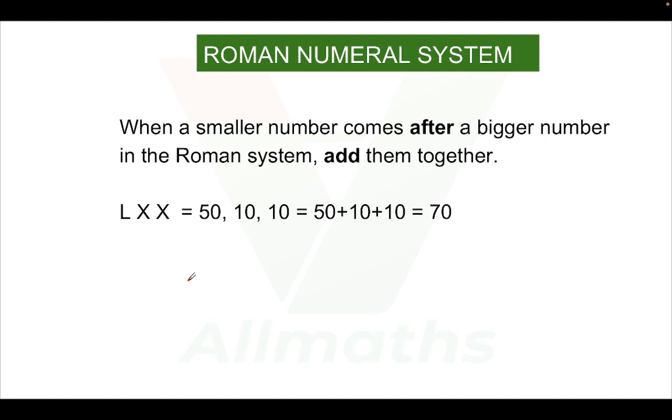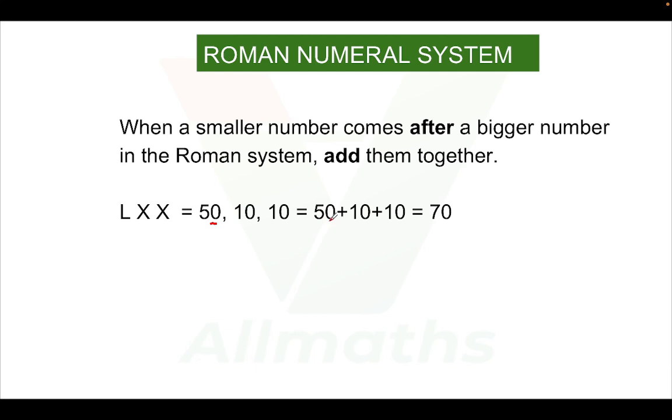Now this rule says when you have a smaller number after a bigger one, you add them together. It's similar to what we have done during the twin and the triplet rule, right? Like you have LXX, which is what? 50, 10, 10. This is a smaller number coming after a bigger one.